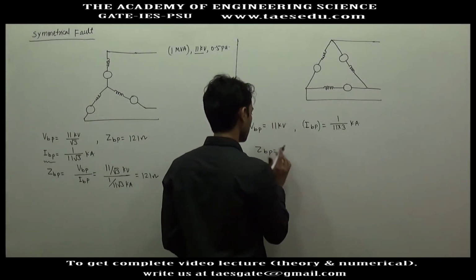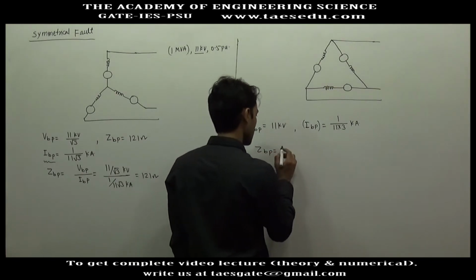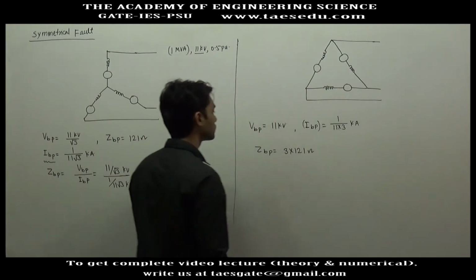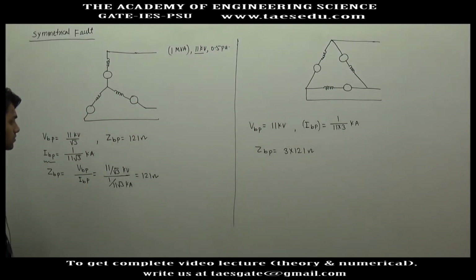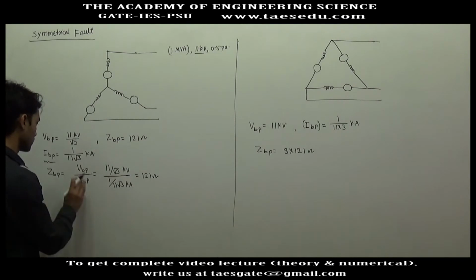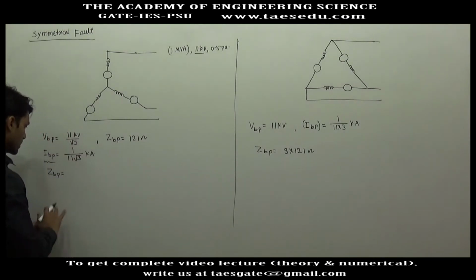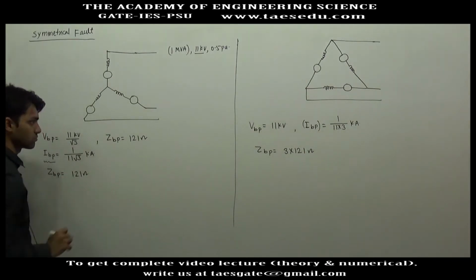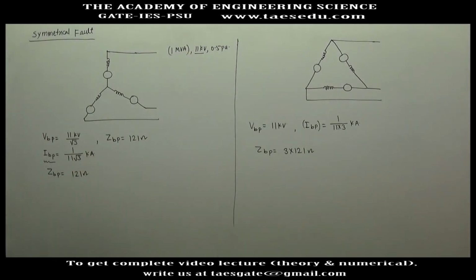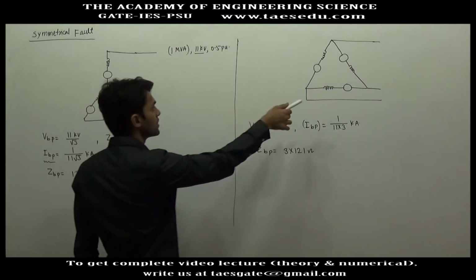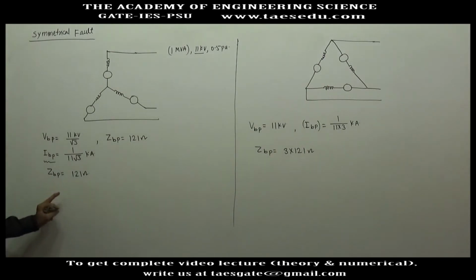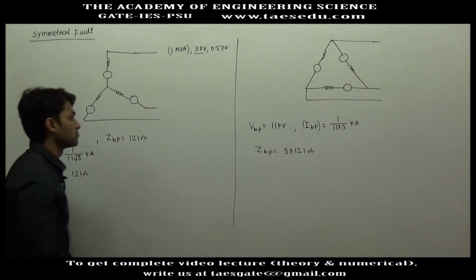The base value of phase impedance will be 3 into 121 ohm. And here you have the base value of phase impedance as 121 ohm. So in the identical generators, because the ratings of generators are identical but connections are different, the base values will differ.